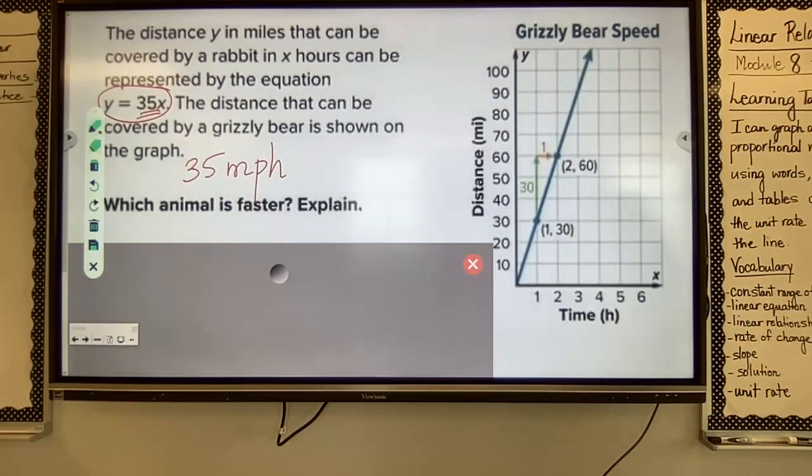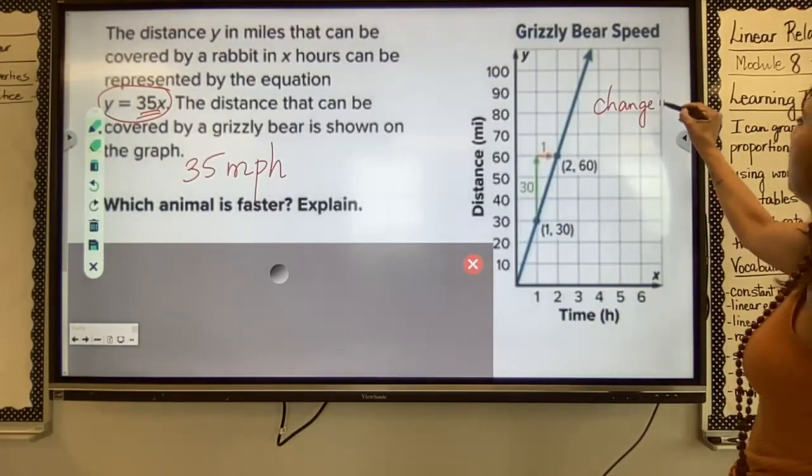Next we're going to find the speed of the grizzly bear. In the graph, slope or unit rate is the constant rate of change, and the constant ratio y over x, or the point 1, r. So what is over here? The change in miles over change in hours, right?